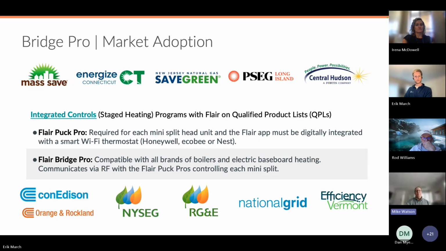It communicates via RF to our Puck Pros, which control the mini splits and ductless heat pumps. The Puck Pro is required for each mini split head unit to be able to control it. And then the app is digitally integrated with a smart Wi-Fi thermostat. Or in the first party case, we control both the first stage and second stage of heat through the Puck Pro and then the Bridge Pro.